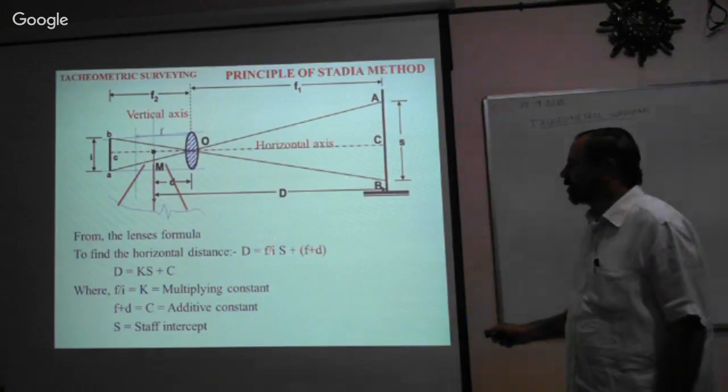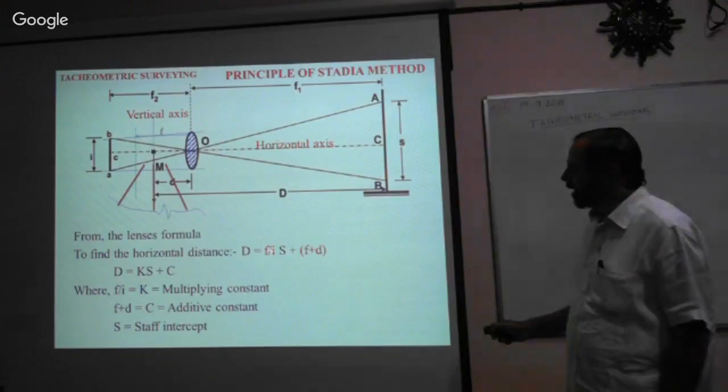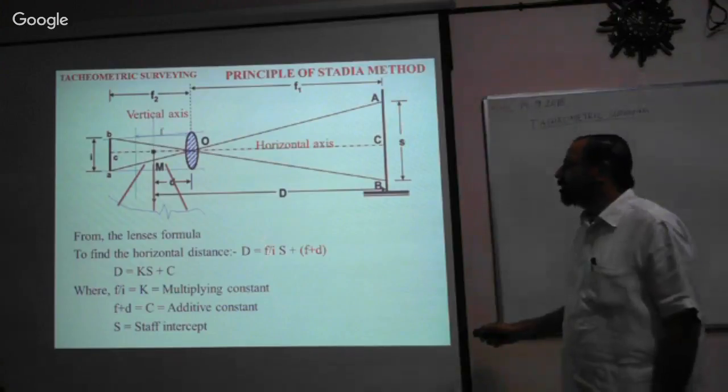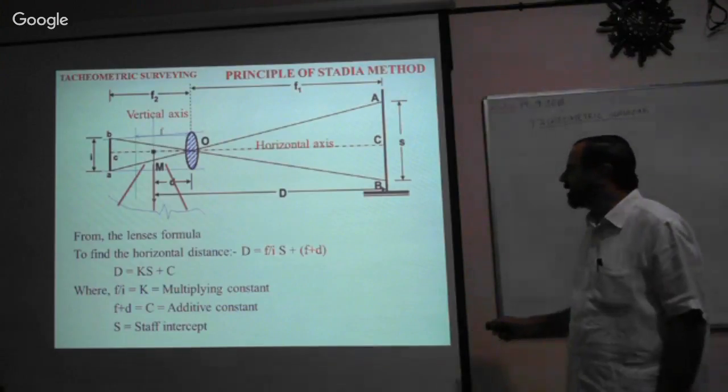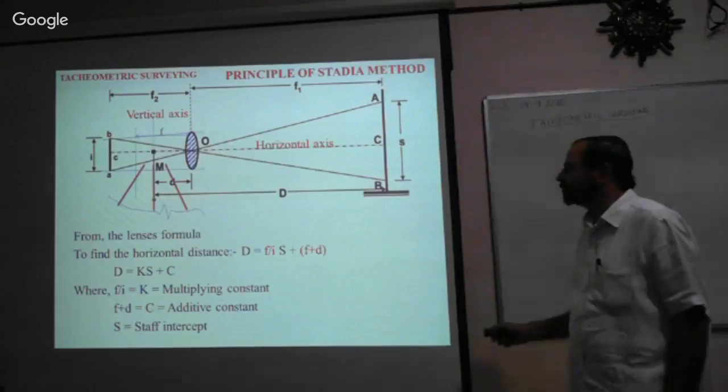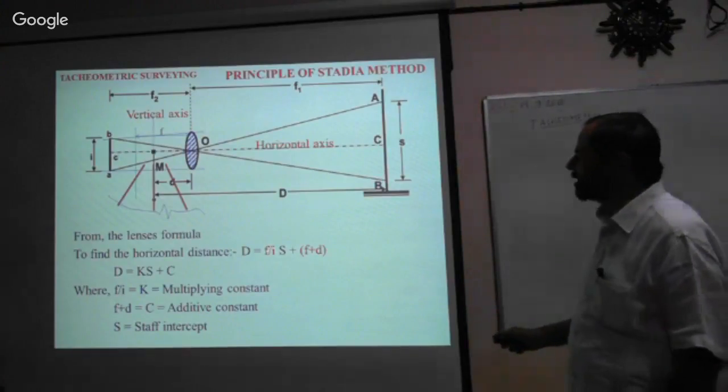Now therefore, this is the multiplying constant and this is the additive constant. F by I is the multiplying constant, F plus D is the additive constant. Isn't it?